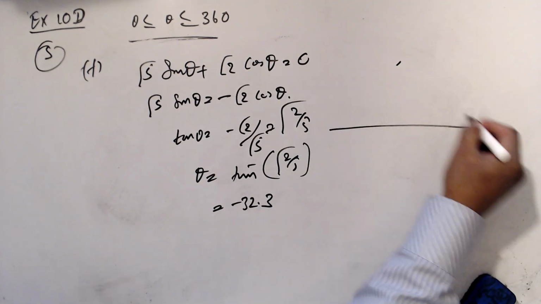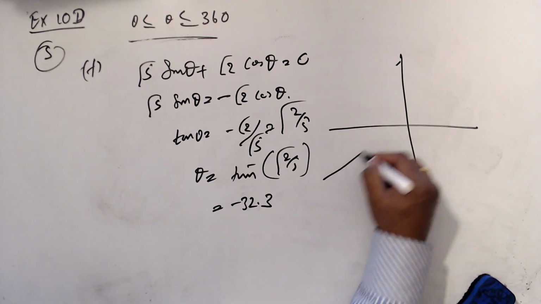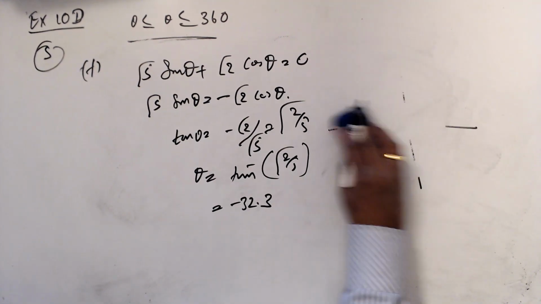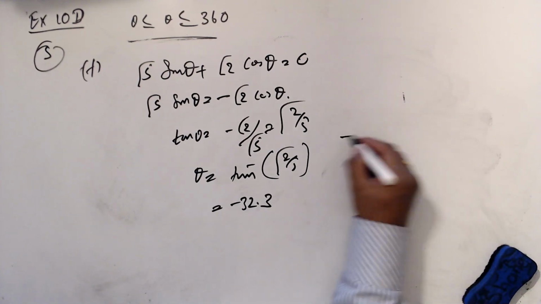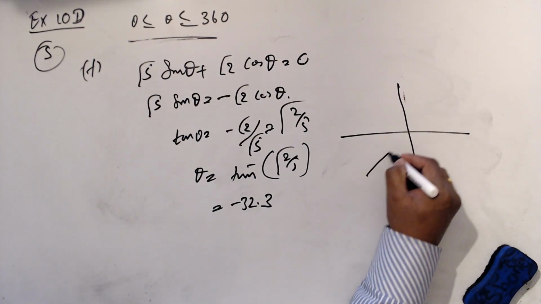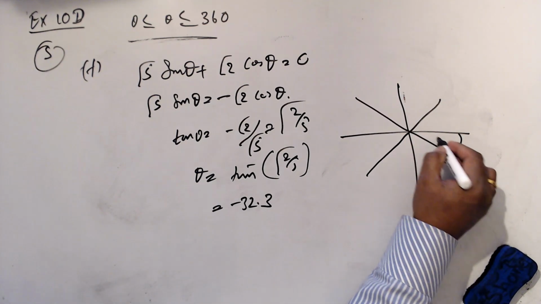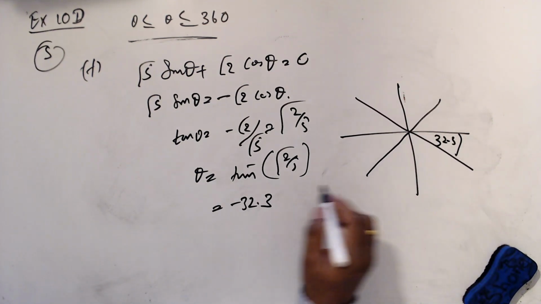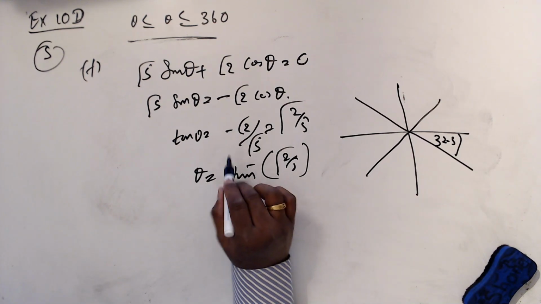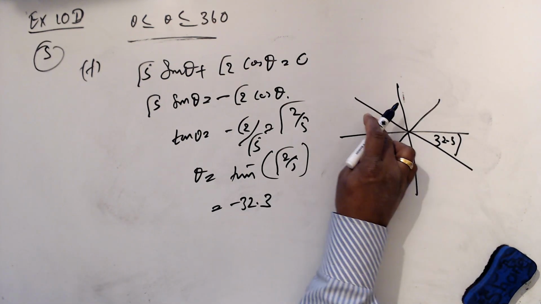So we got the acute angle. This is 32.3 and tan is negative in the second and fourth.